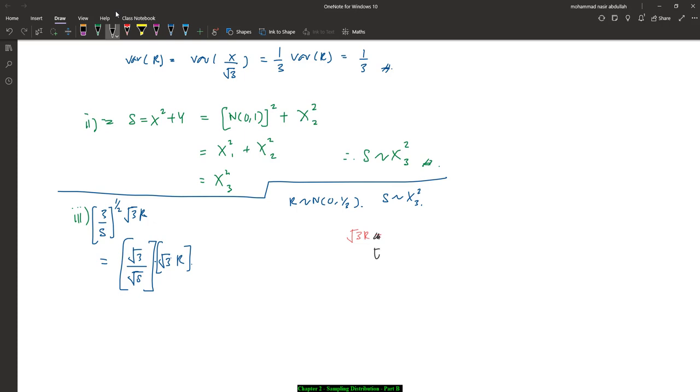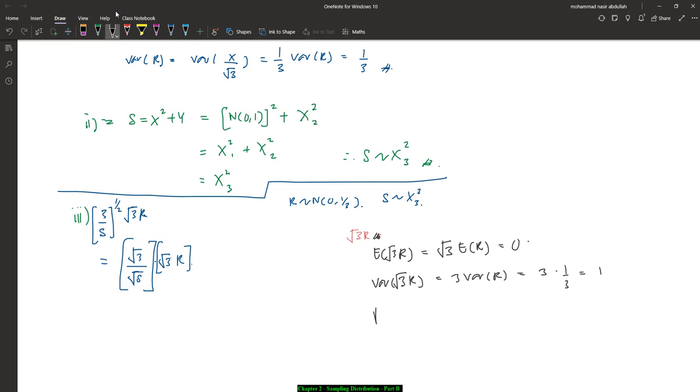So let's find the expected value of square root of 3R. It should be square root of 3 times the expected value of R, which should be equal to 0, because the expected value of R is equal to 0. And then the variance of square root of 3R should be 3 times the variance of R, equal to 3 multiplied with 1 over 3, equal to 1.